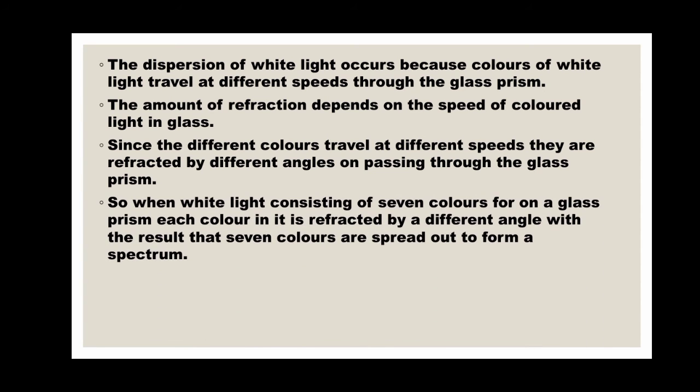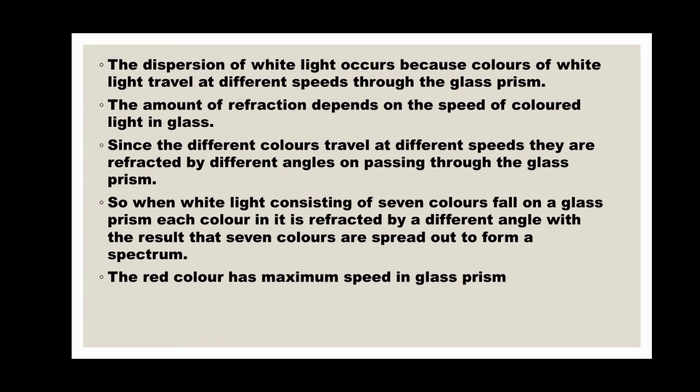So, when white light consisting of seven colors falls on a glass prism, each color in it is refracted by a different angle with the result that seven colors are spread out to form a spectrum.